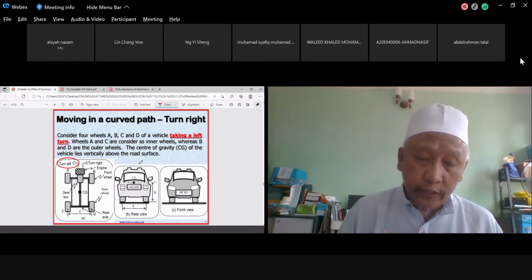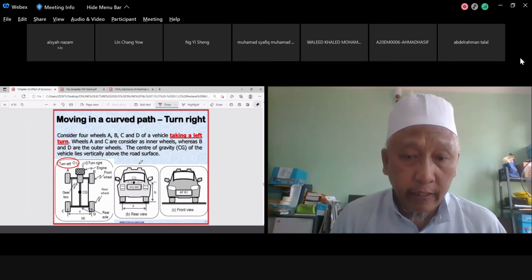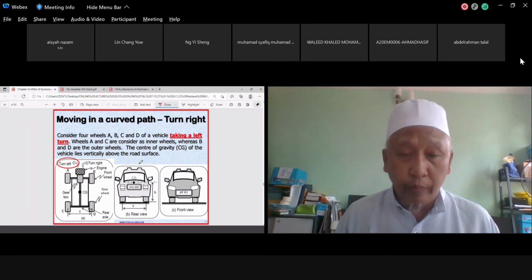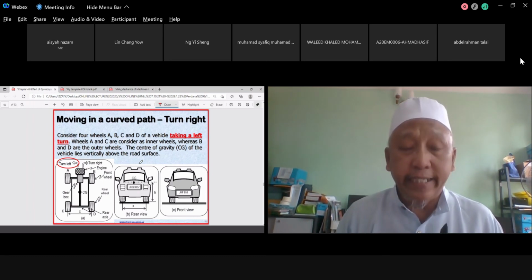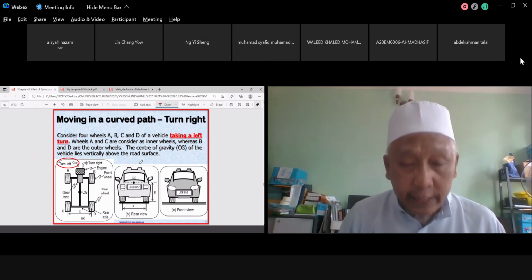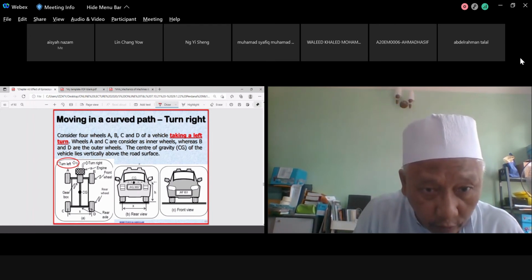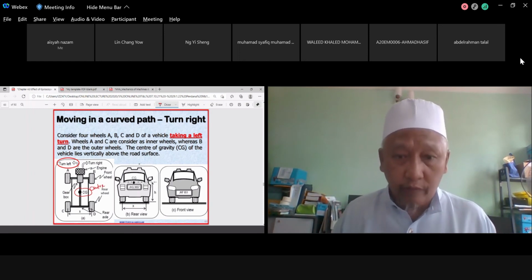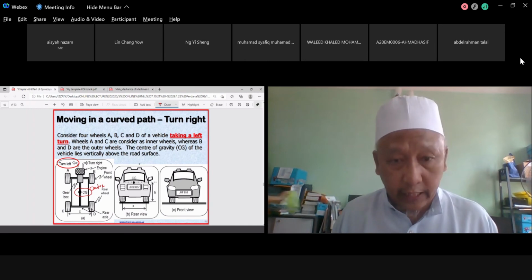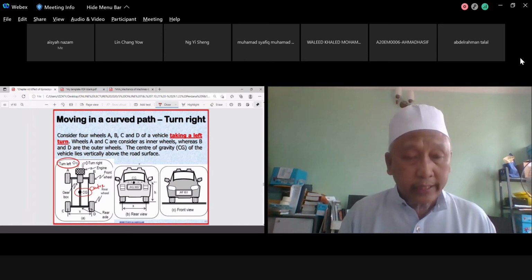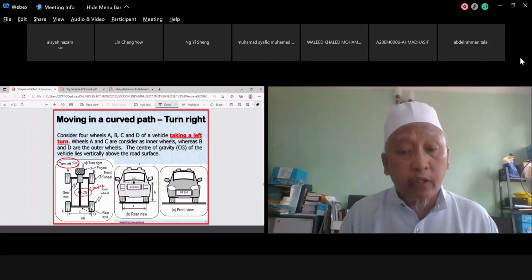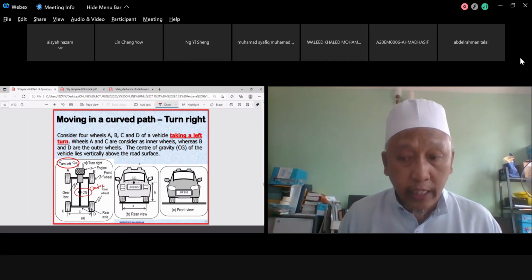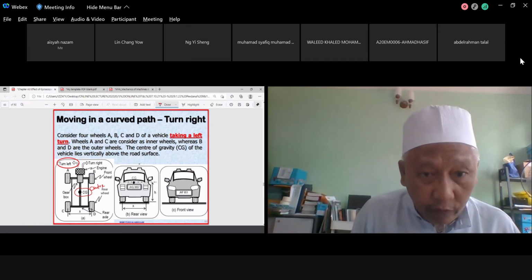But to simplify the whole thing and make the calculation as easy as possible, we are assuming that the CG falls at the center. Basically, it does not. In the actual vehicle, the CG will not fall at the center. Some vehicles have it at 1/3 and 2/3, for example, so it depends on what type of vehicle. But here, we are saying that the CG will fall at the center.